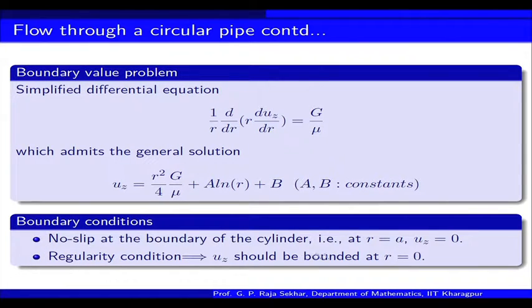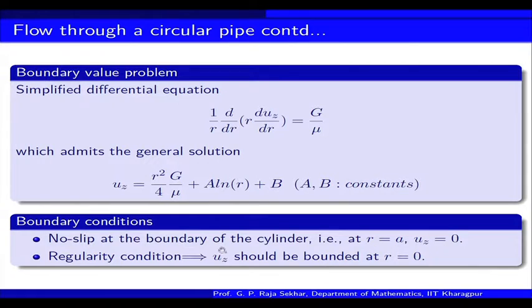So, what are the boundary conditions? No slip boundary condition on only one boundary, that is the surface, so U_z is 0. Regularity condition, that is U_z should be bounded at r equal to 0. This is required if you are not allowing singularities. If somebody is allowing singularities, then the corresponding source or sink has to be given.